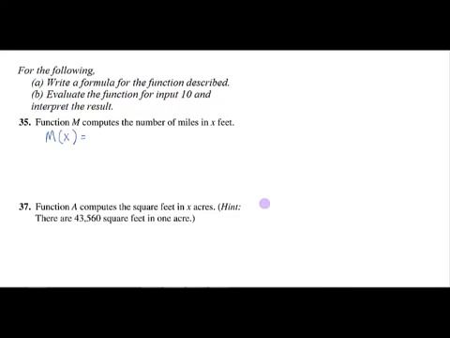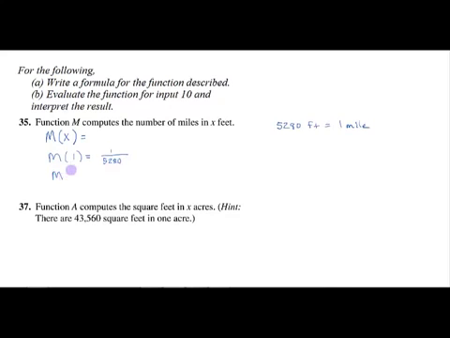Well, do you know how many feet are in a mile? There are 5,280 feet in 1 mile. So let's come up with a formula. If I had 1 foot, so x is 1, how many miles is that? It's 1 over 5,280.